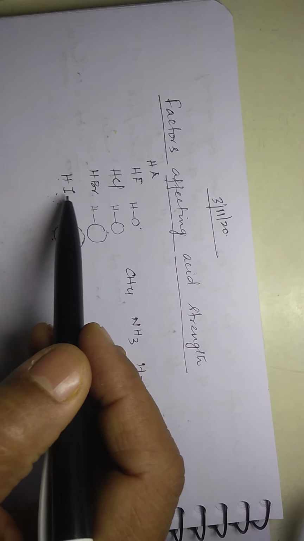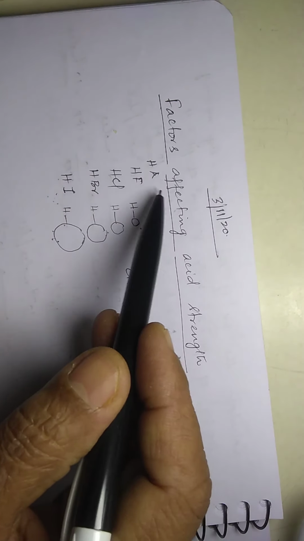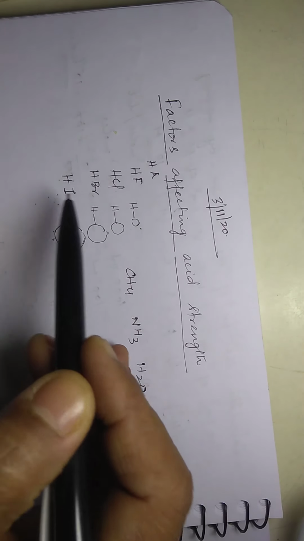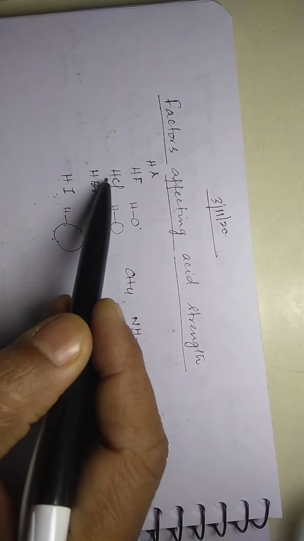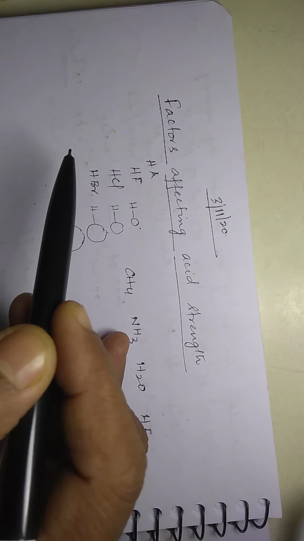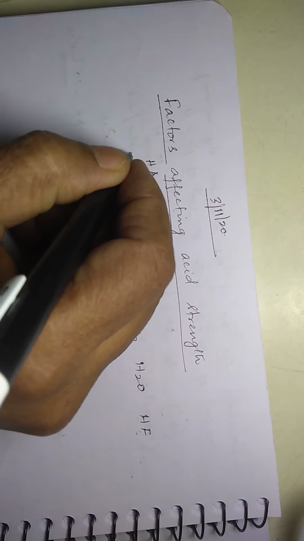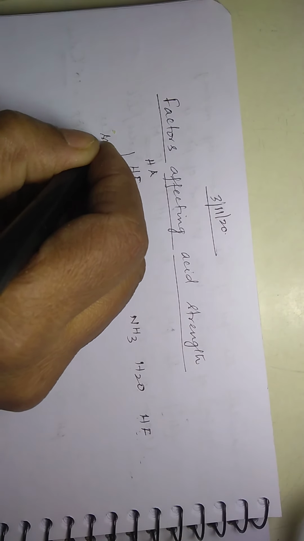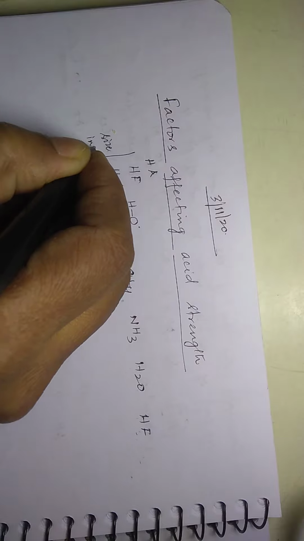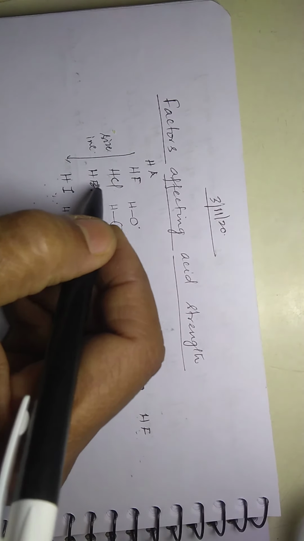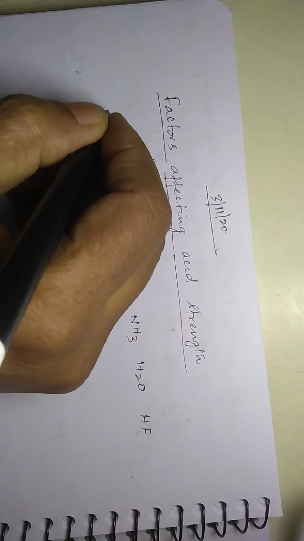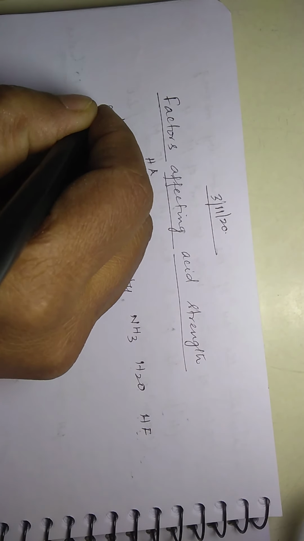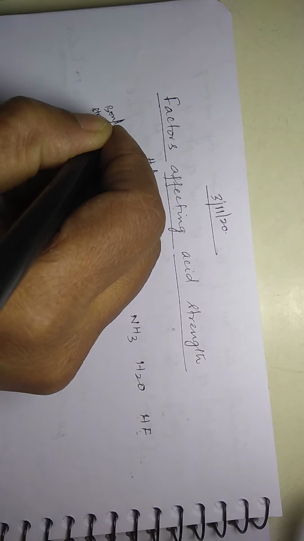So this is down the group. So down the group, on what basis are you telling? You are telling in terms of size. As the size increases, bond strength decreases, acidic strength increases. Okay, down the group, what is happening? Size increases. Size of what? Obviously, the atom attached to hydrogen. Okay, then down the group, bond strength decreases.